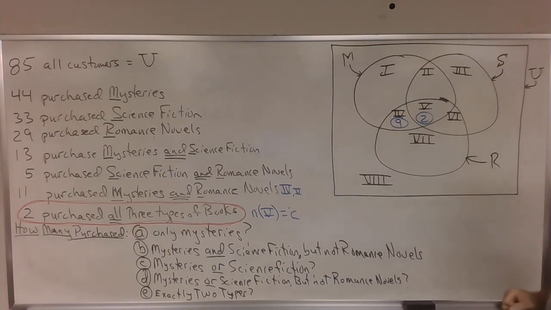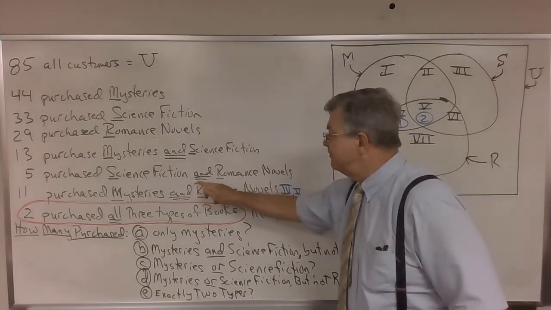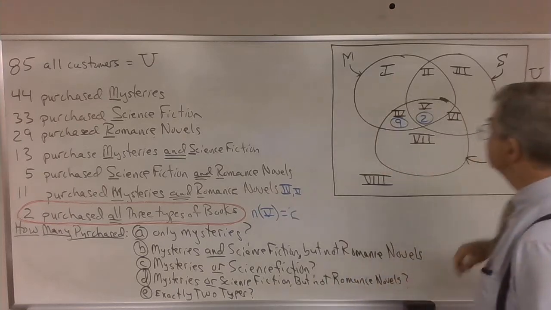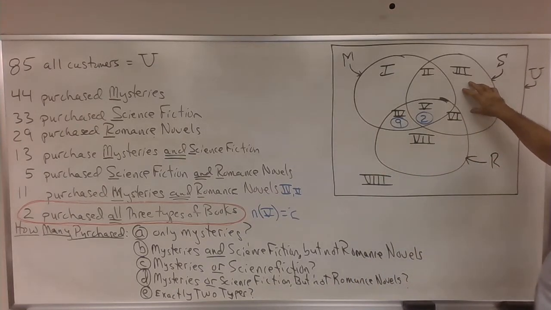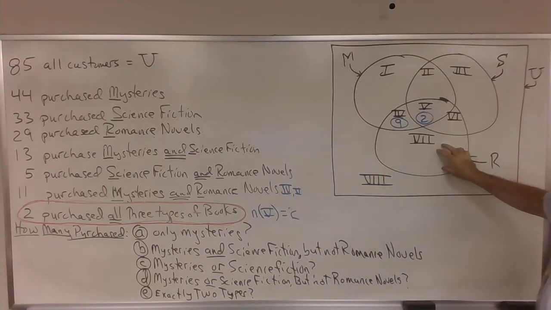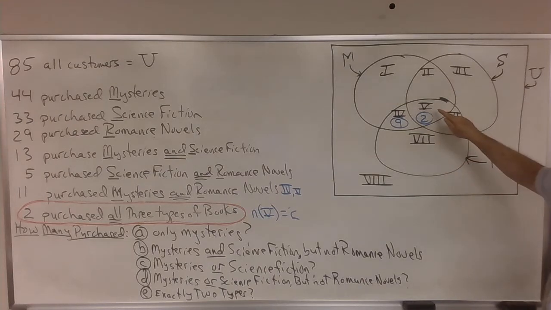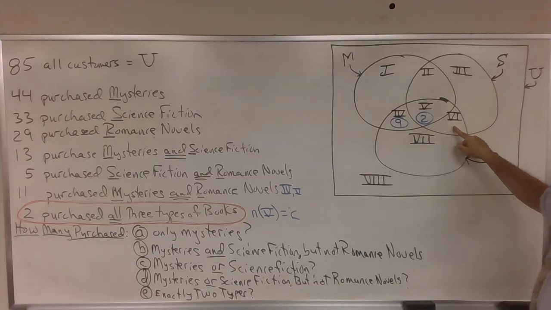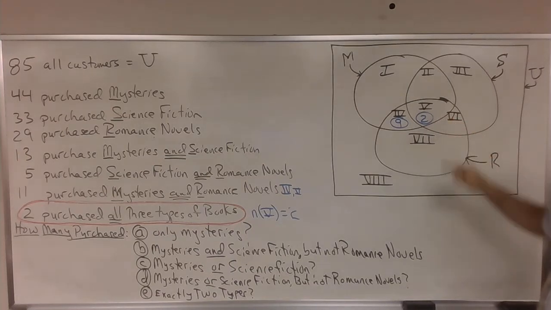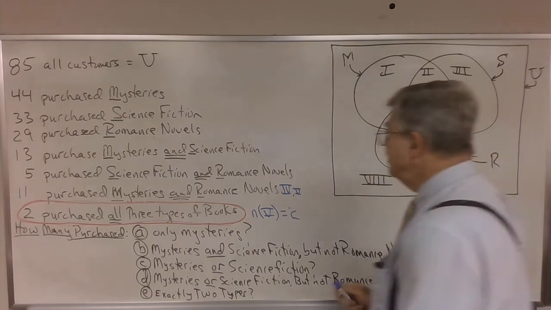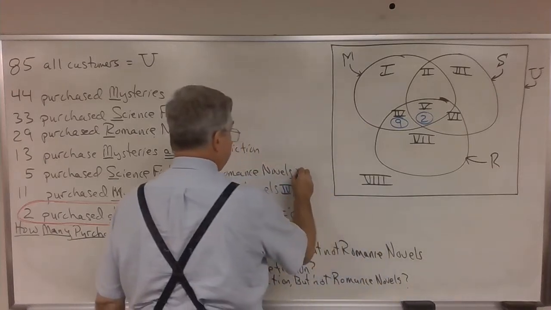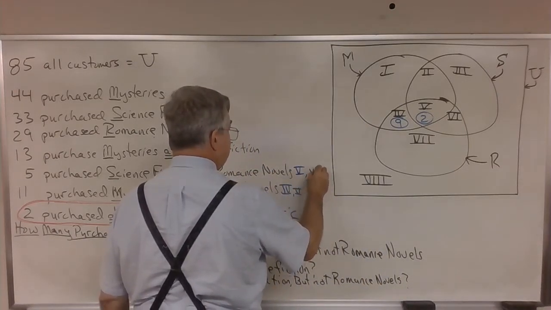So those people who bought both science fiction and romance novels, they're in the science fiction circle, they're in the romance circle. So they could either be in region 5 or region 6. And we already know what region 5 is. Okay, so let's see, this is region 5, region 6.